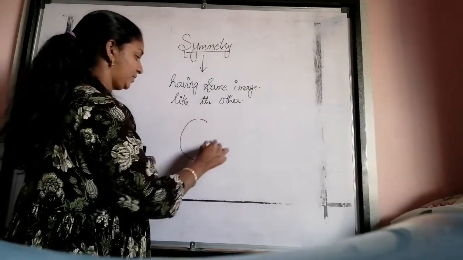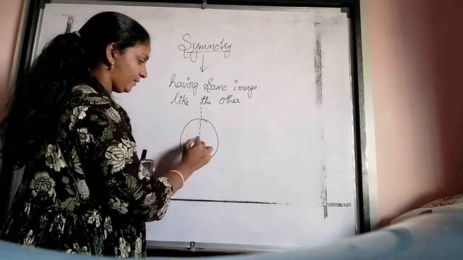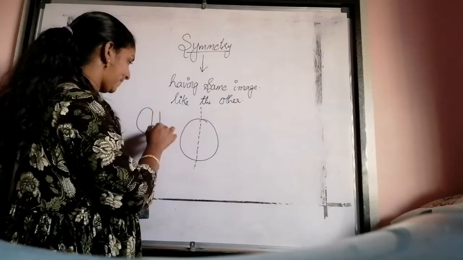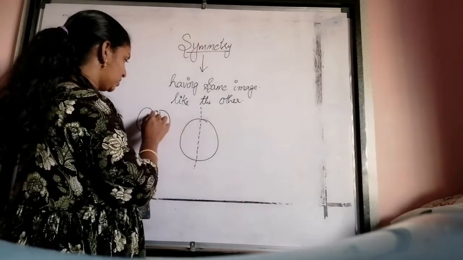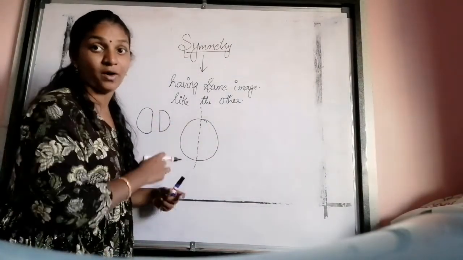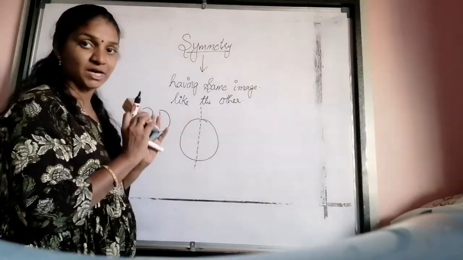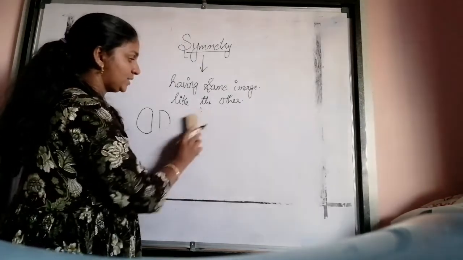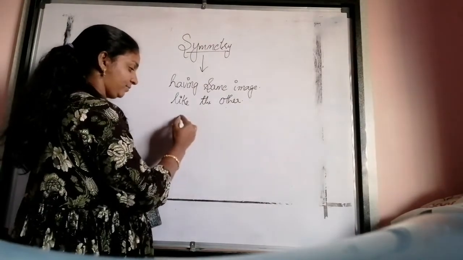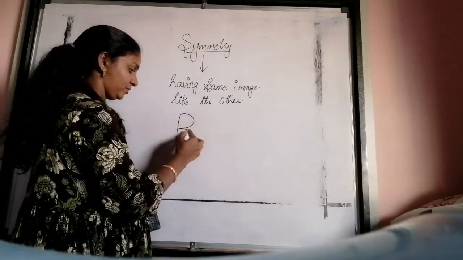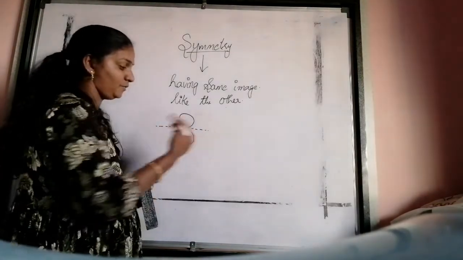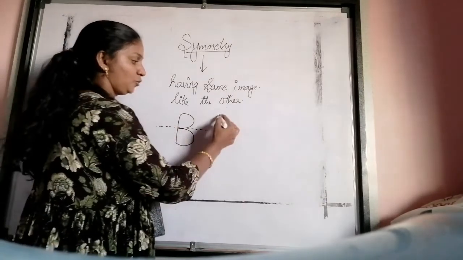Next example, if we take a ball, one half is this, so if we join these two, what will happen? It becomes a ball. So a ball can be made into two halves which are identical. So a ball is a symmetrical image. And next, if we take B, if we cut or flip, it gives two.